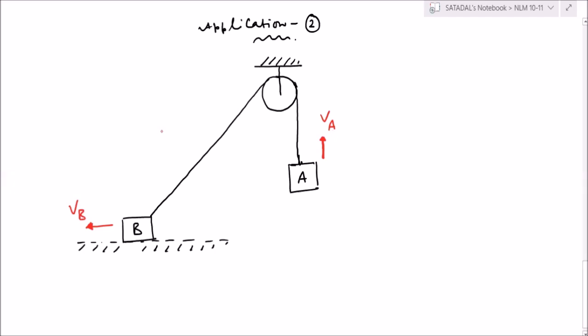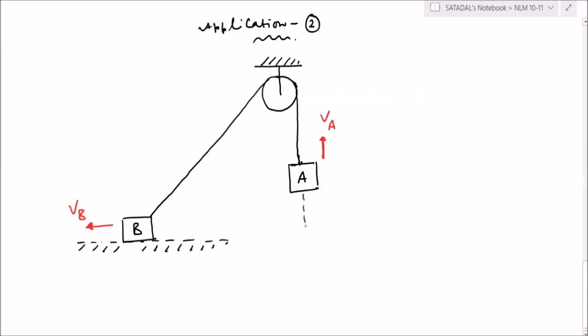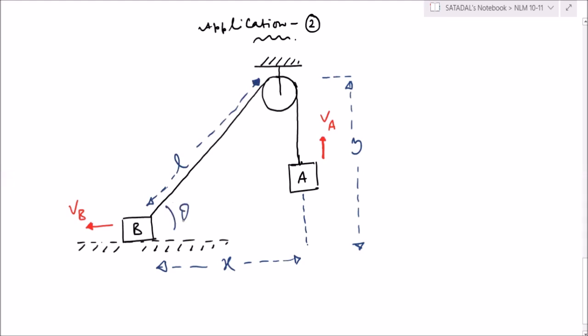Okay. So first, let me set the diagram. So let us say this is X, right? This is Y. And this much is L. This is L. And I am taking this angle to be theta.